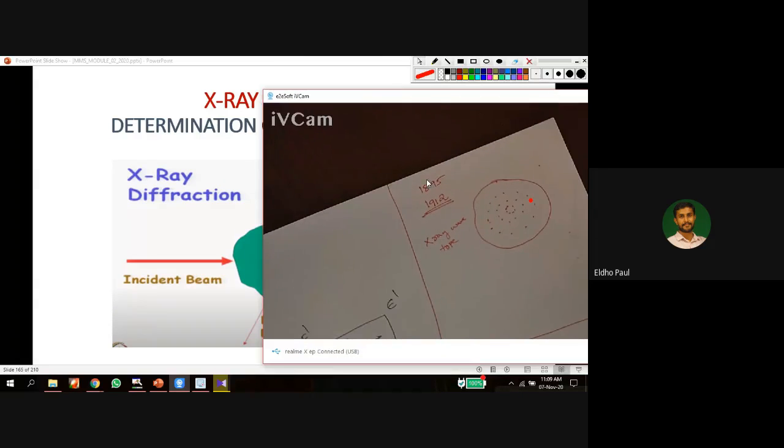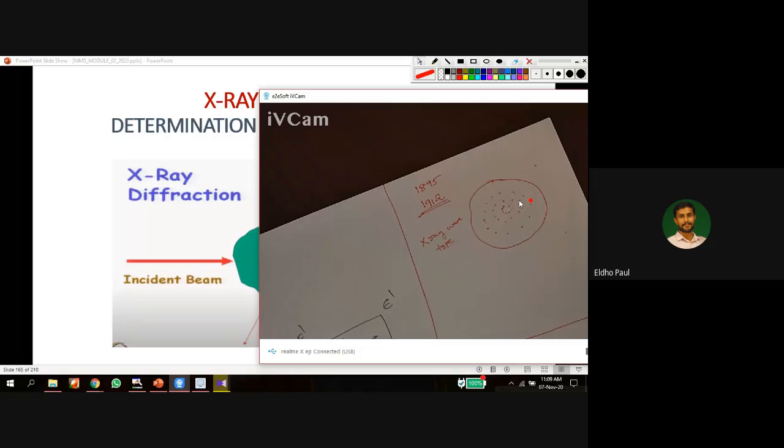So this is the regular arrangement in the X-ray paper, and based on this regular arrangement, Friedrich and Knipping concluded that it is because of the regular arrangement of atoms.